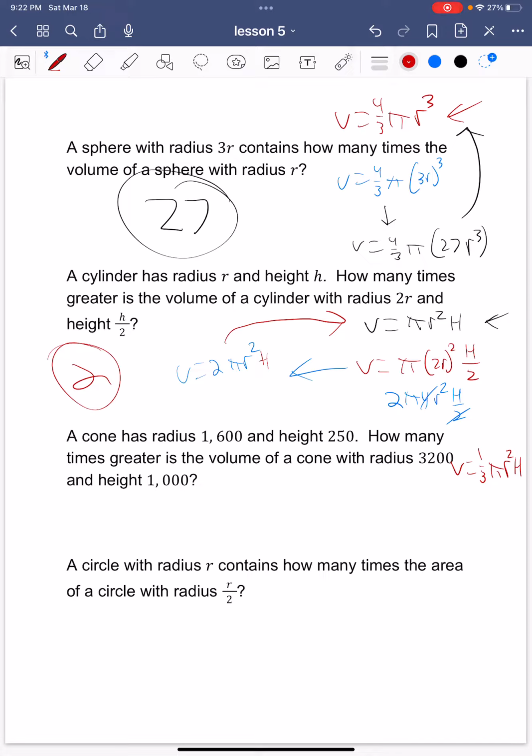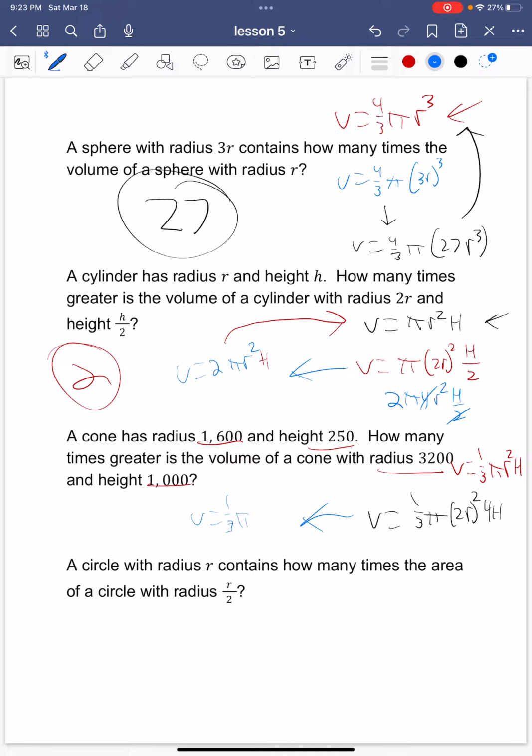We know that the radius is 2 times as large because it's 3,200 versus 1,600, and the height is 4 times as large. So we could compare this 1/3 pi r squared h to this. Volume equals 1/3 pi.